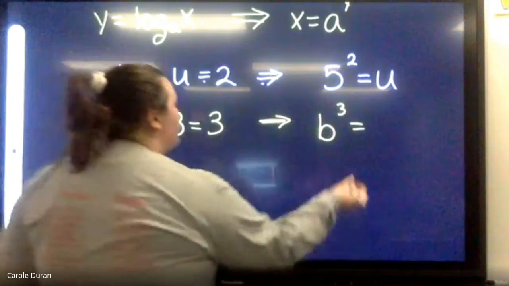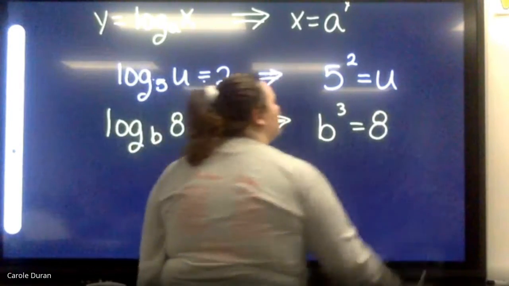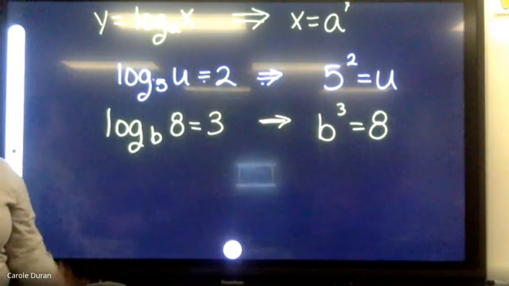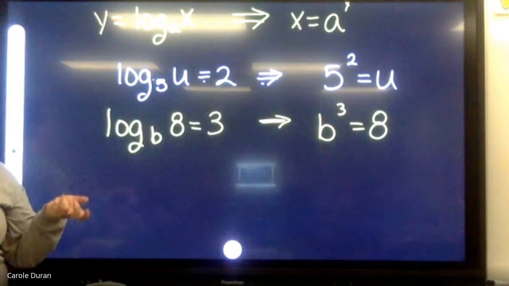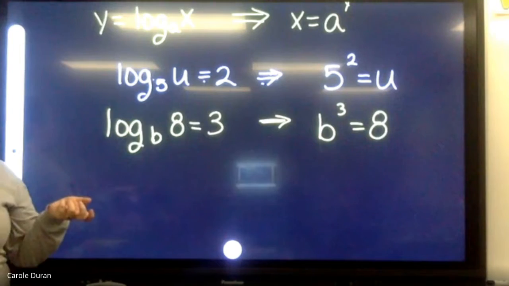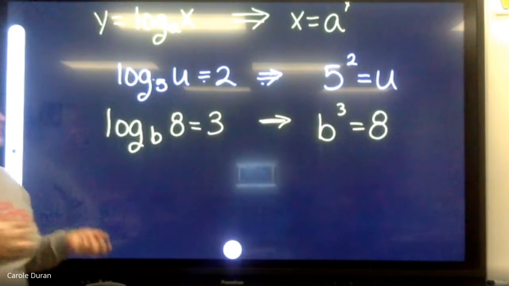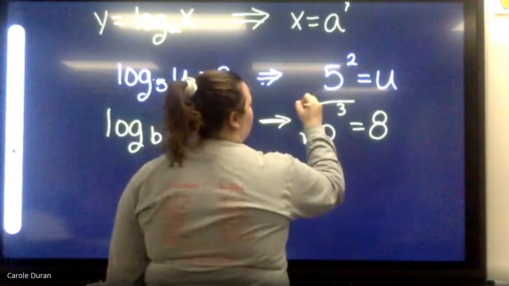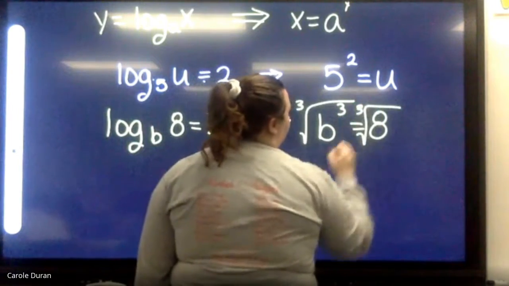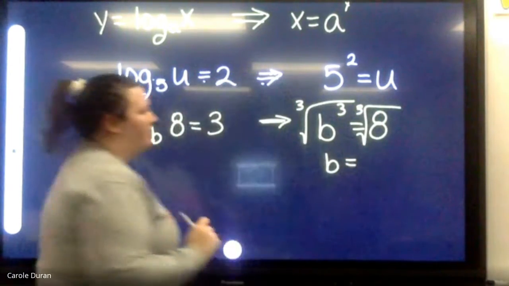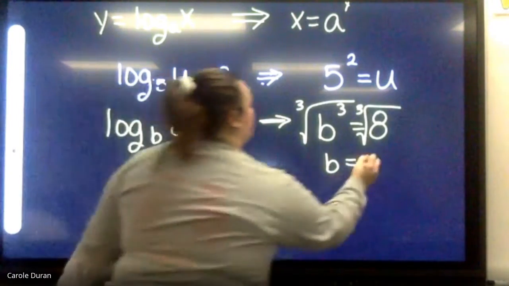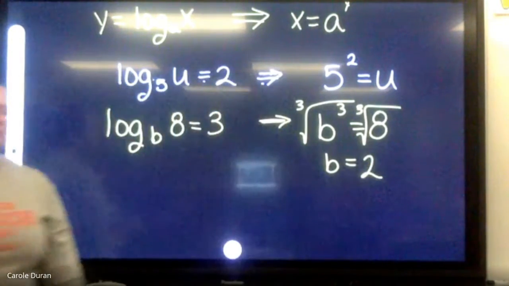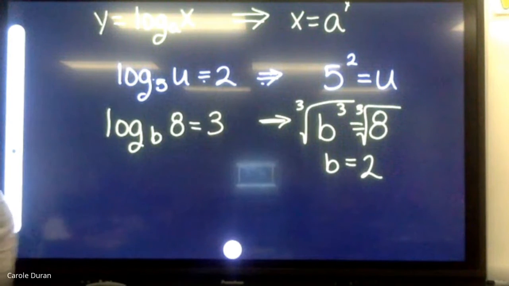So this is the same as b cubed equals 8, which means I could solve for b on this one, correct? How would I get b? Cube root both sides. So b would equal the cube root of 8, which is what? 2. So by rewriting it, I was able to solve for my variable b.